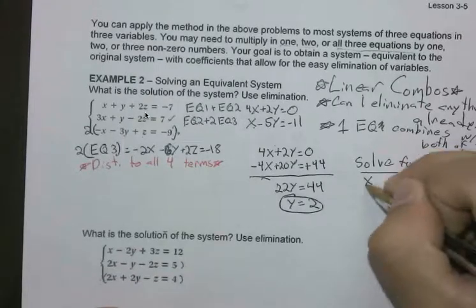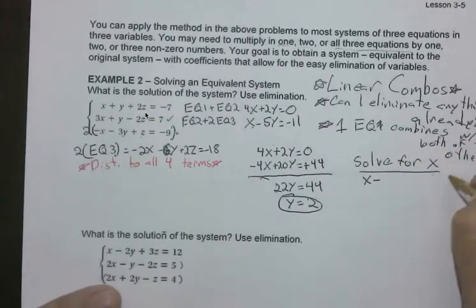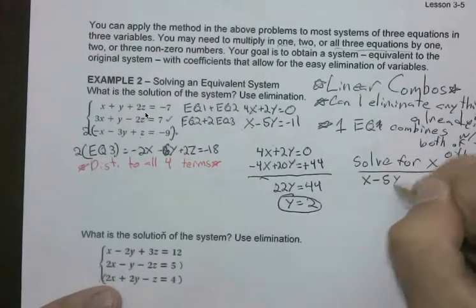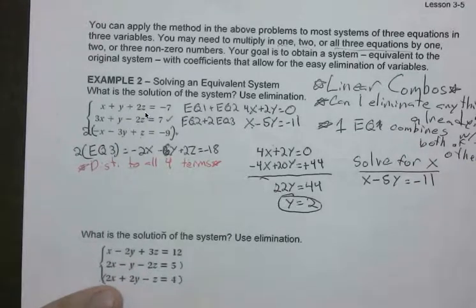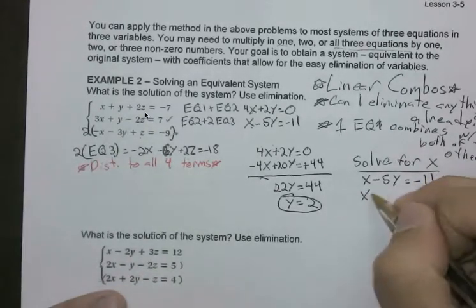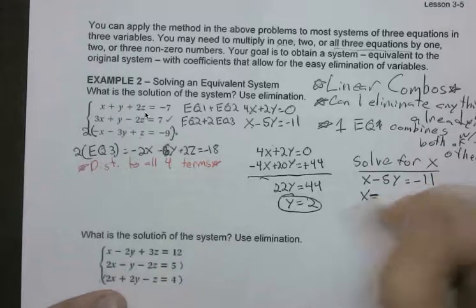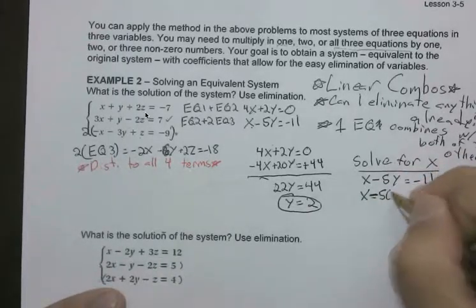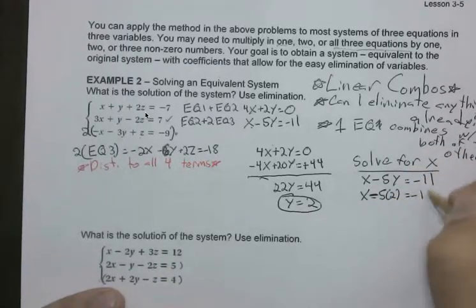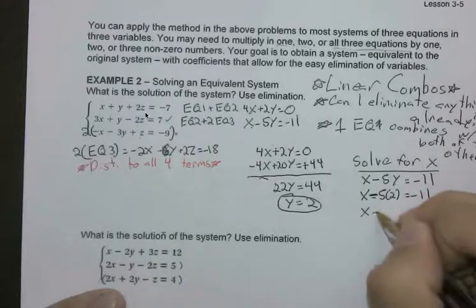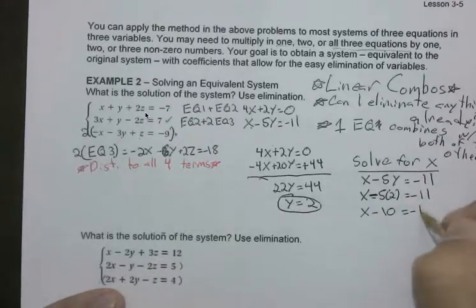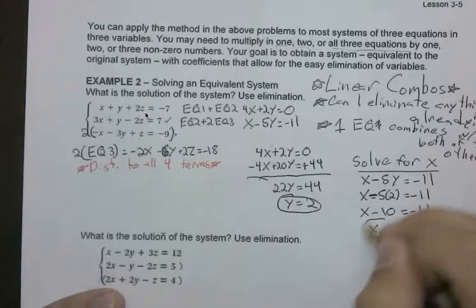So we'll rewrite this again. x minus 5y equals negative 11. We already know that y equals 2. So x minus 5 times 2 equals negative 11. So pretty much x minus 10 equals negative 11. If we add 10 to both sides, x equals negative 1.